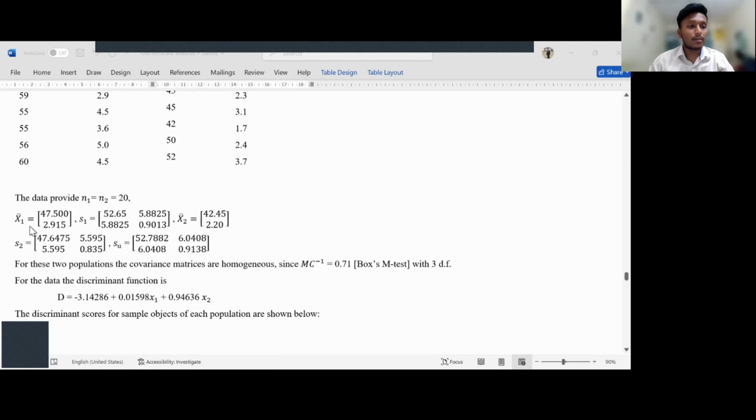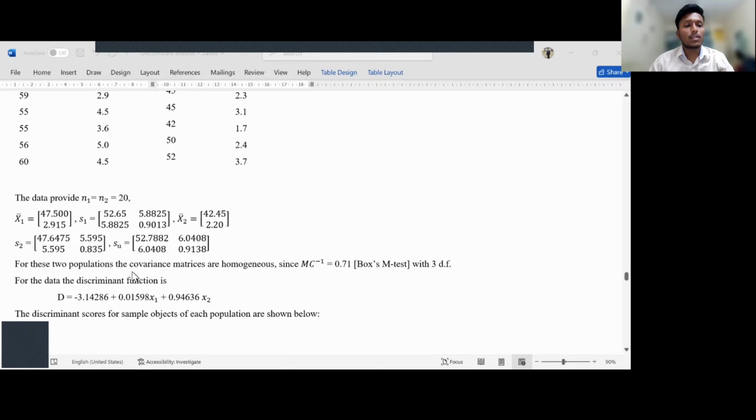So x1 bar, the mean for population 1, for length is equal to 47.500 and for weight is equal to 2.915. This is our S1 covariance matrix. Same for x2 bar, the mean for population 2, for length and weight, and the covariance matrix for the second population. Su is the overall covariance matrix.